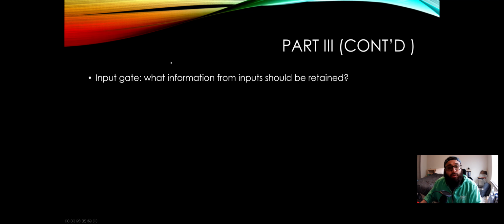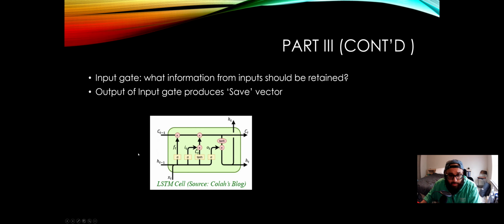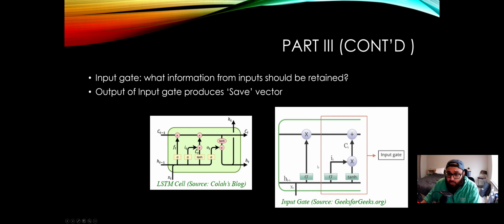Now again, this input gate uses the information from the inputs. The input gate produces a save vector as its output. Again, we see here a picture, and here's a closer look at the input gate. It takes those two inputs, filters them through a sigmoid function, and produces this intermediary variable, the it, which is part of the save vector.